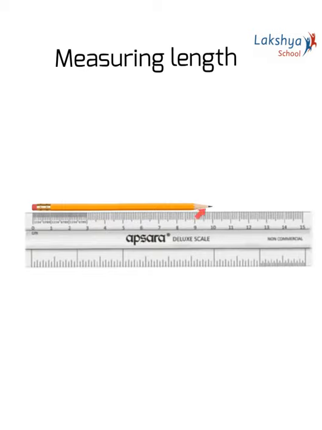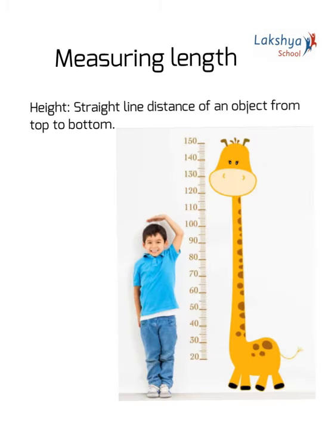So we see that the tip of the pencil is at 10. So the length of the pencil is 10 centimeter, which is the unit of measuring a length. Do measure the length of your pencils.